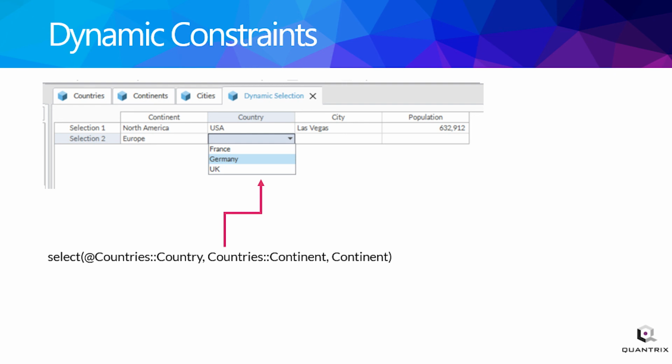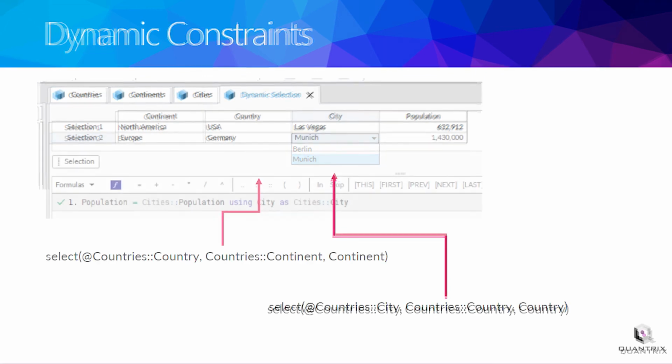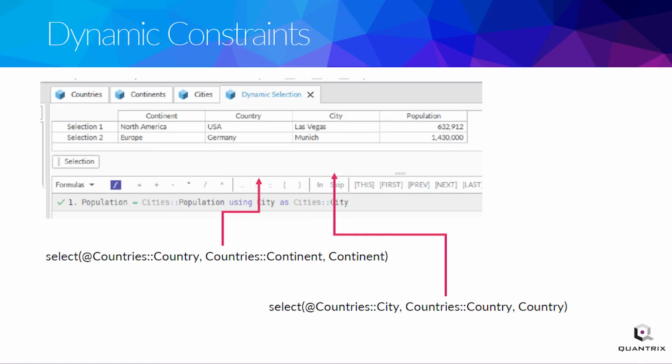And again, you can nest these things. So I can ensure that when I select Germany, this is only going to show me German cities. So for validating your user inputs, this is a whole step in the right direction. And again, your formulas are just going to work as normal.